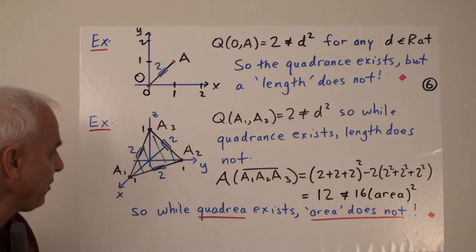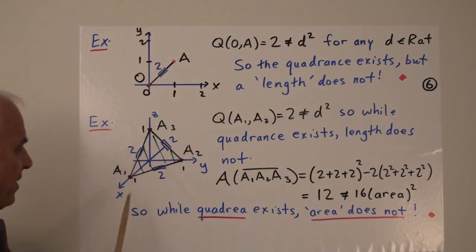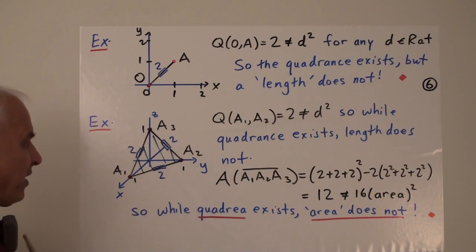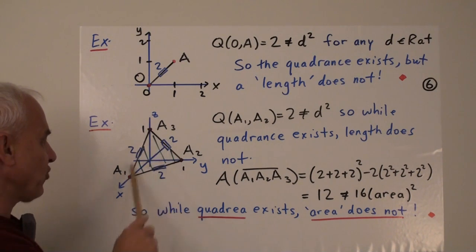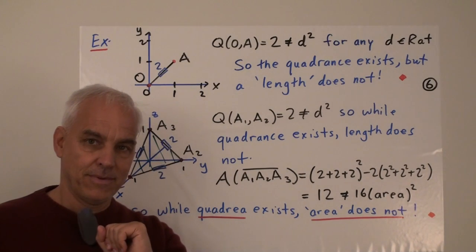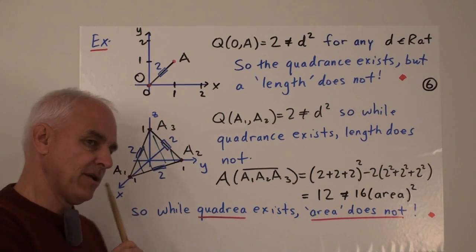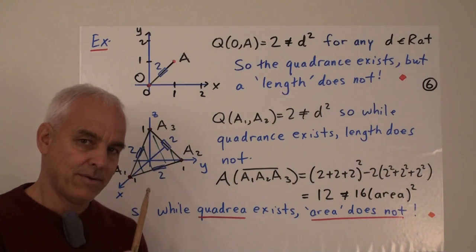But we can go a little bit further by looking at these 3 symmetrical points, A1, A2, and A3, forming this little equilateral triangle, each side having quadrance 2. And now if we ask, what is the quadrea of this triangle?